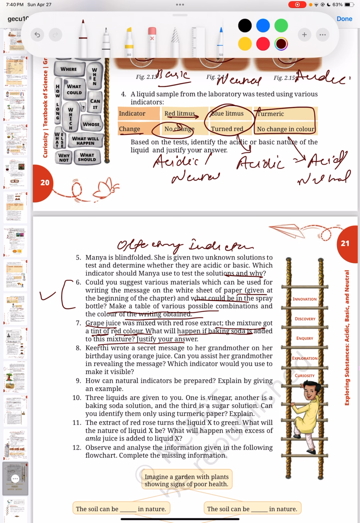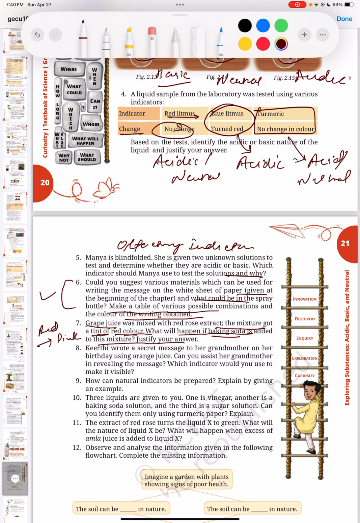Now what will happen if you add baking soda to it? It will neutralize it, right? So as you keep on adding baking soda, two things will happen. One, this red color will first turn to pink, because that will indicate that all the acid has been neutralized perfectly, and the resulting solution is perfectly neutral.